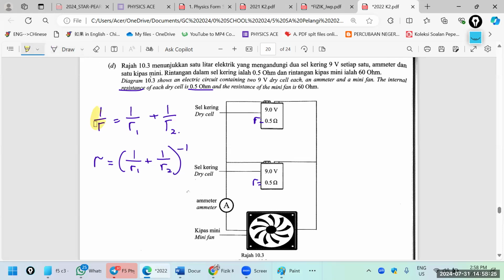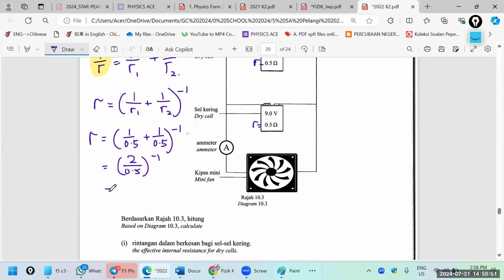Why? Because most people at the end forget this is 1 over R. So actually how to do this is 1 over 0.5 plus 1 over 0.5. You will get 2 over 0.5. Power of -1 means what? Switch.